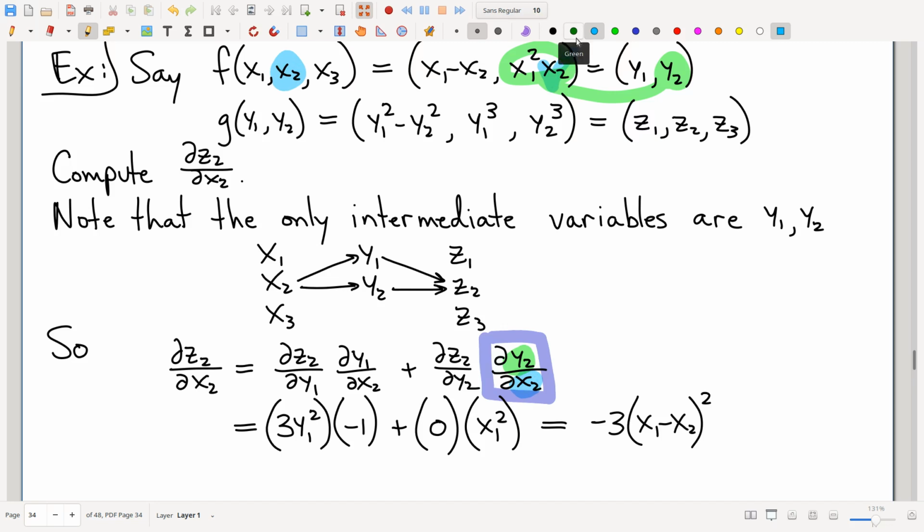So what is the partial of that green y2 expression with respect to x2? It's clearly x1 squared, as I have right there, so, etc.